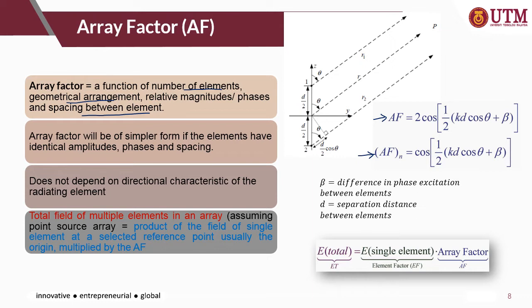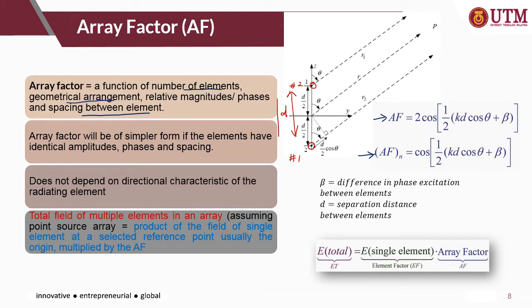separation distance between elements. For example, in this figure we have two elements, or two infinitesimal dipoles oriented along the z-axis. So this is element 2 and this is element 1, separated by d. And beta is the excitation phase difference between the elements.